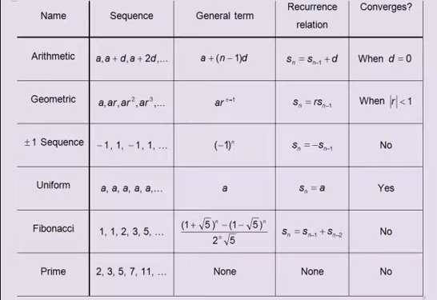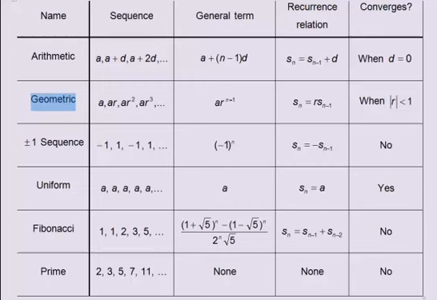Here is a table of some common sequences. Name, arithmetic. Sequence, A plus D, A plus 2D, and so on. General term, A plus n minus 1 multiplied by D. Recurrence relation, Sn equals Sn minus 1 plus D. It converges when D equals 0.